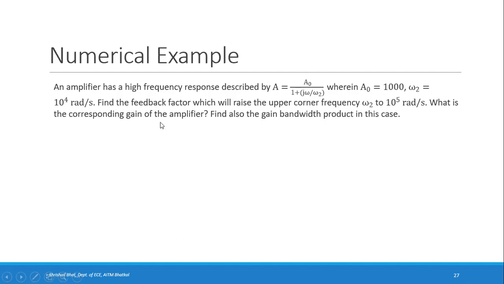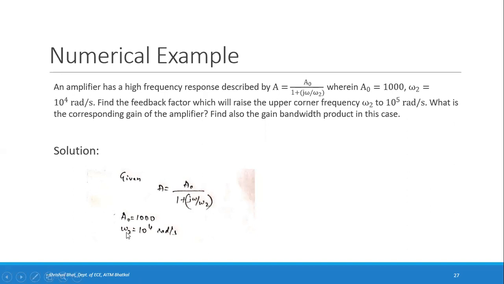And what is the corresponding gain of the amplifier? Also find the gain bandwidth product in each case. What is given is the equation for the gain, A naught divided by 1 plus j omega by omega 2. Midband gain A naught is 1000, this is without feedback.